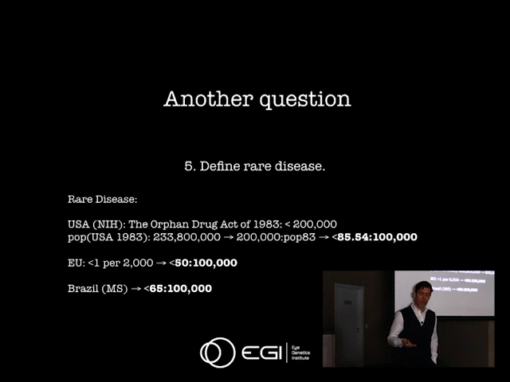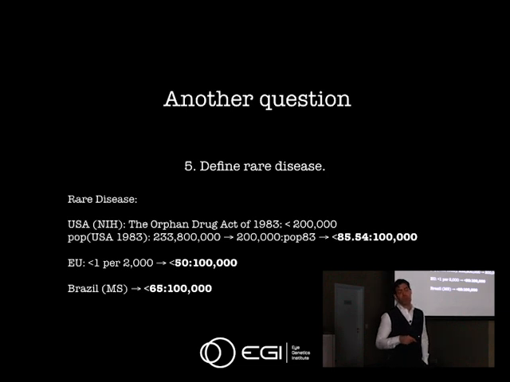So if we understand that in 1983 the population was around 233 million people, and we do a simple division here, we can see that number would be equivalent to saying that a rare disease would be those diseases affecting less than 85, 86 people in a population of 100,000.